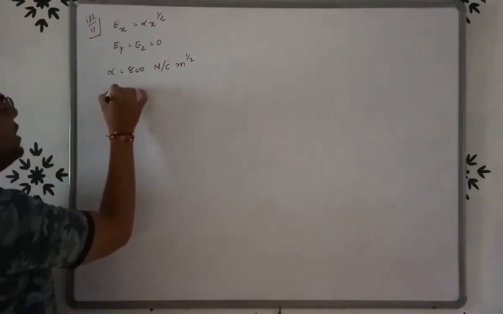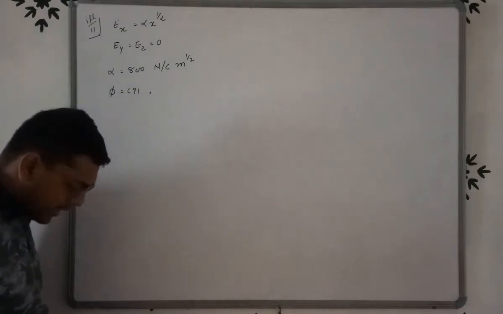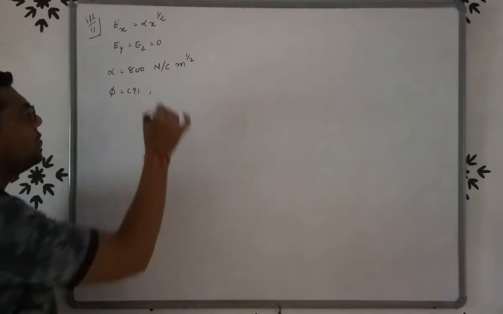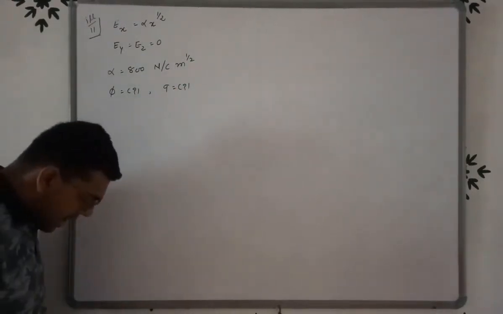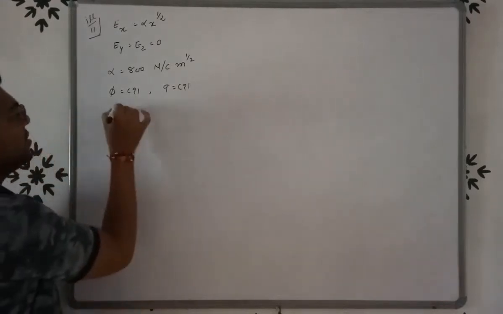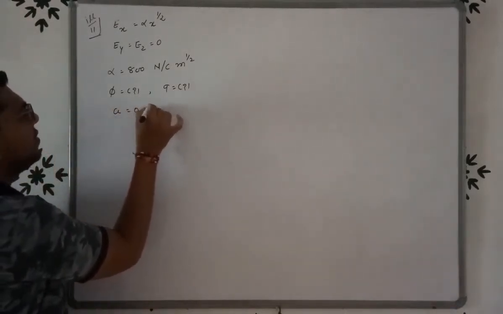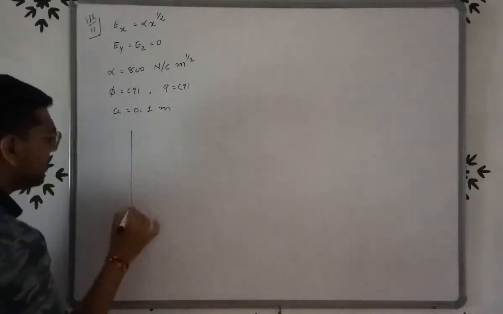So we have to find the flux phi, and second, the charge within the cube. So we have to find the charge Q, and assume that a is equal to 0.1 meter. So here a is given as 0.1 meter, and the figure will be like this.